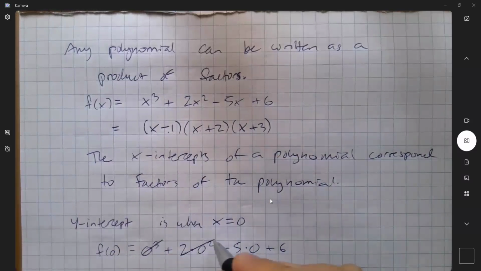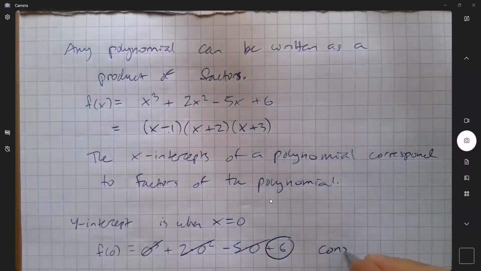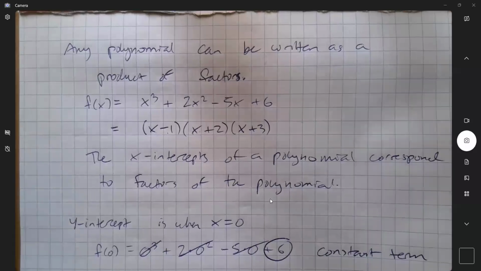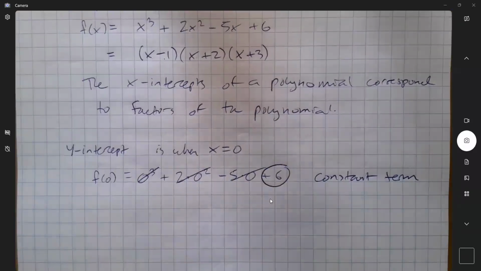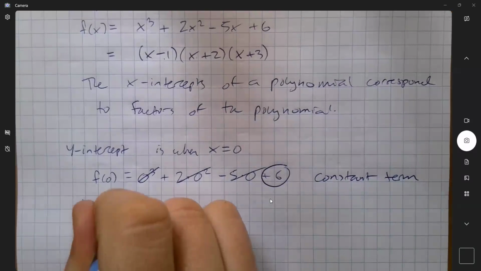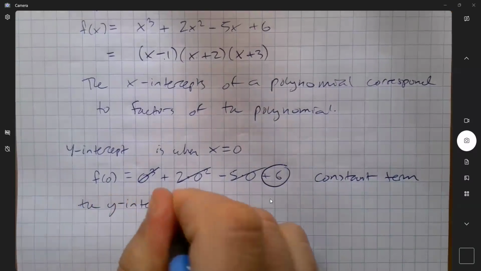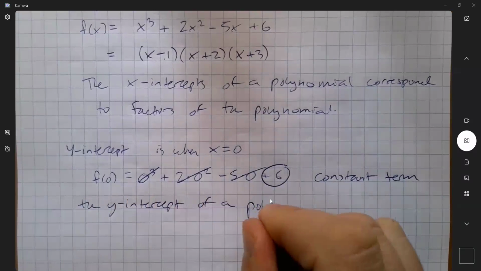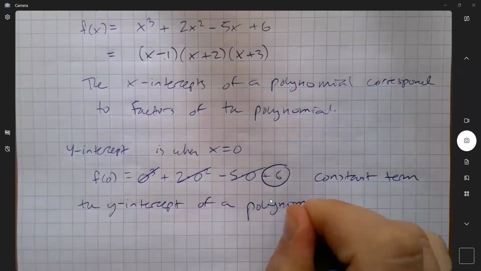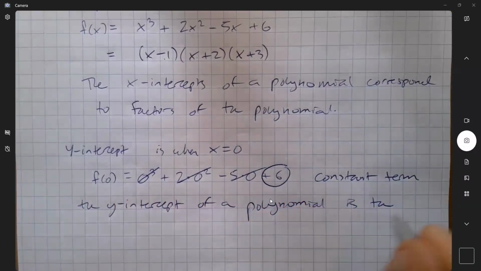But every time the x is 0, that term drops out, and we're just left with the constant term. So the y-intercept of a polynomial is the constant term.